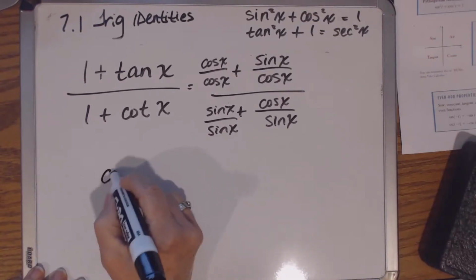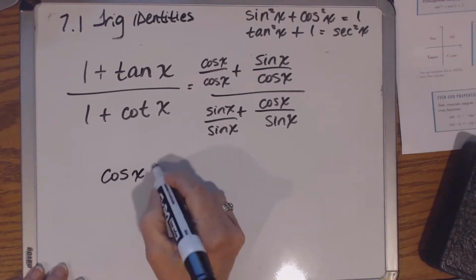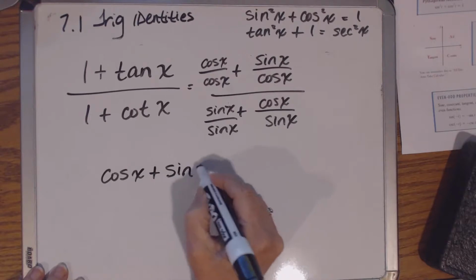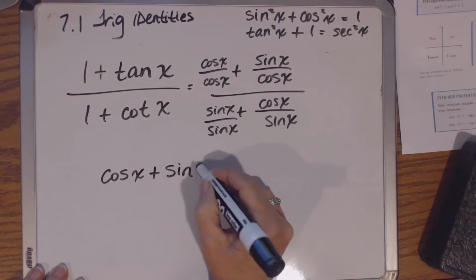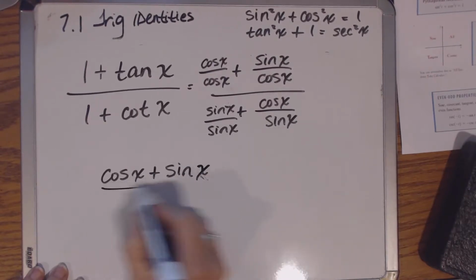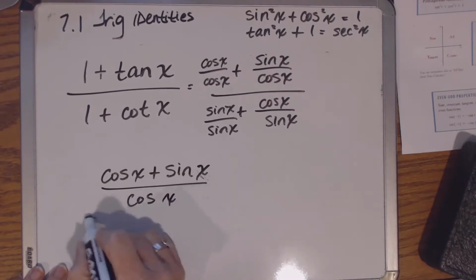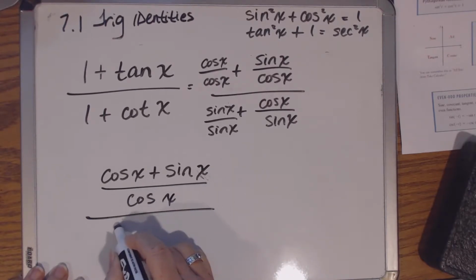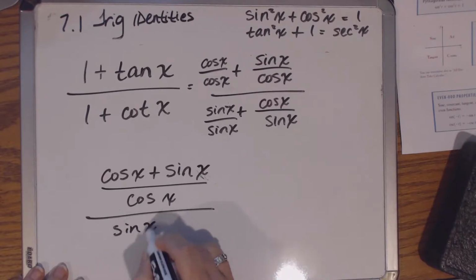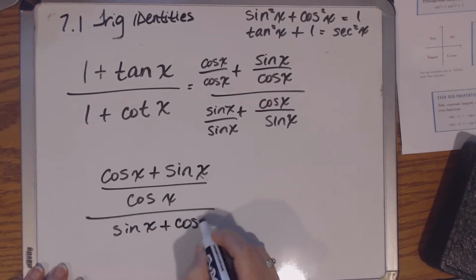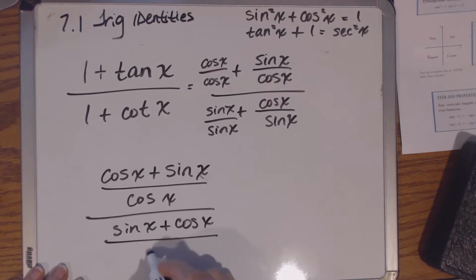And this gives me cosine of x plus sine of x over cosine of x over sine of x plus cosine of x over sine of x.